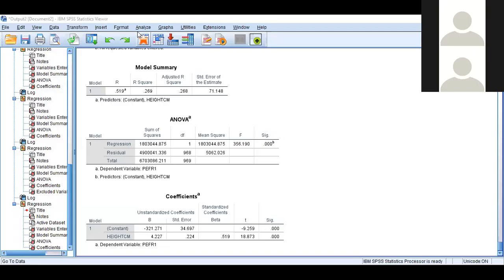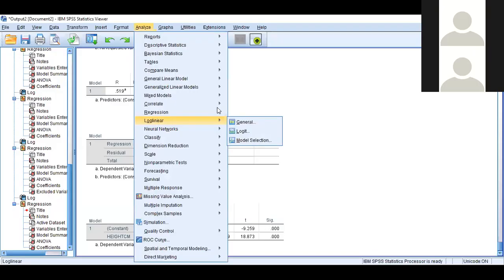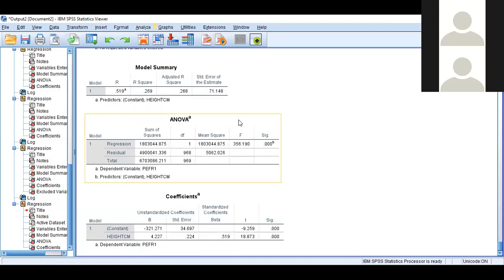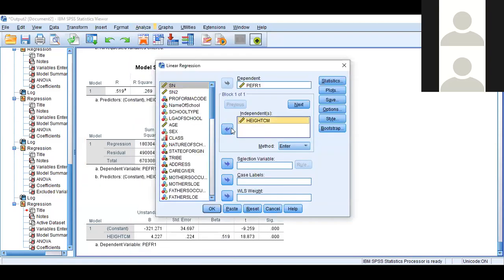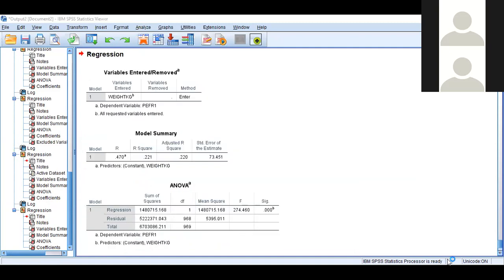Let me go for the second one. Just to confirm, let's look at the weight beside it. Can you see the weight? 22.1. That was what we saw here.